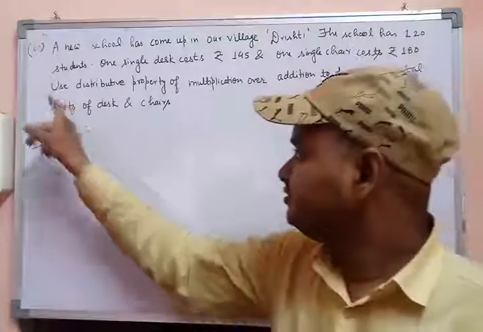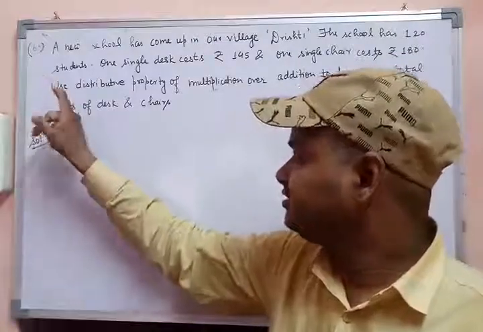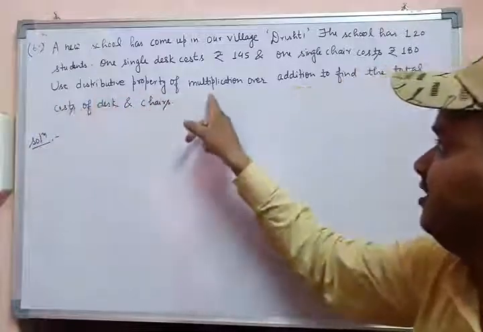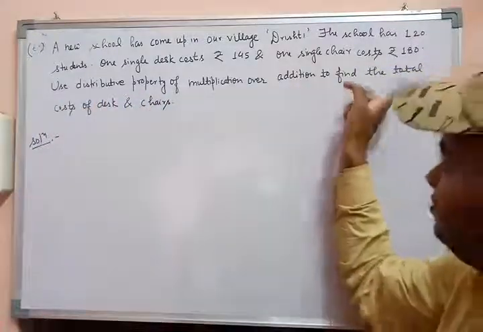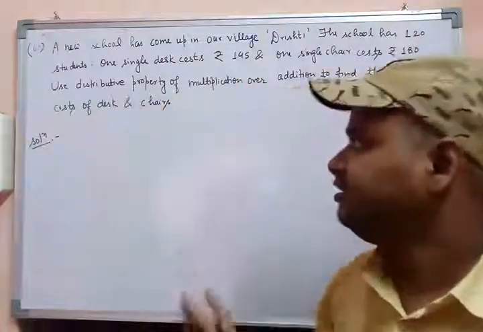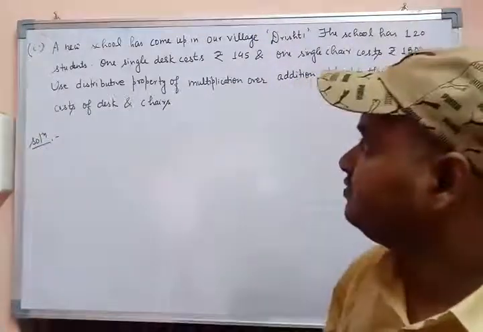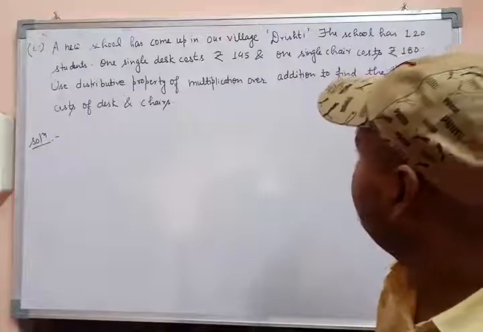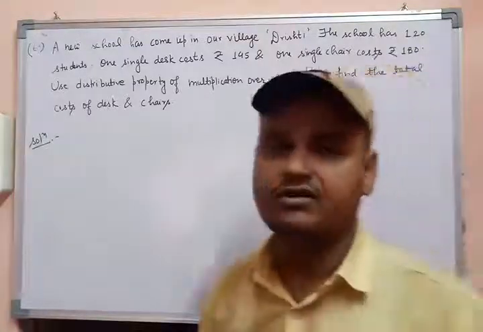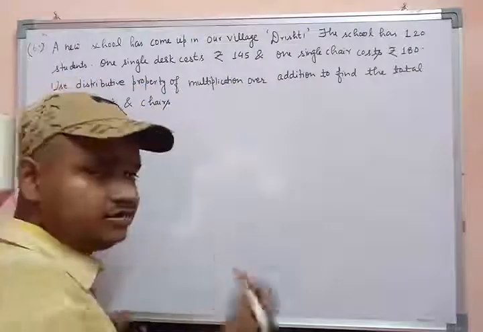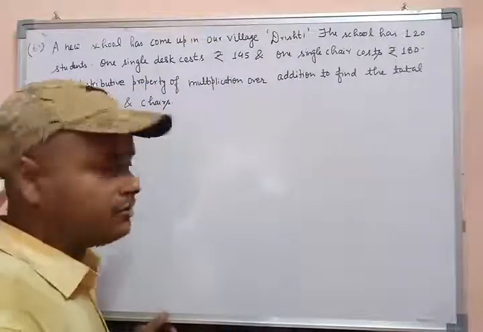Now students, the question is saying to use the distributive property of multiplication over addition to find the total cost of desk and chair. You all know what the distributive property of multiplication over addition is.